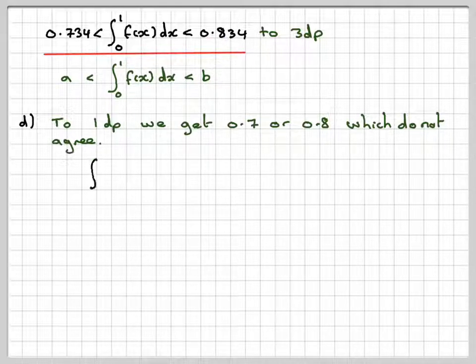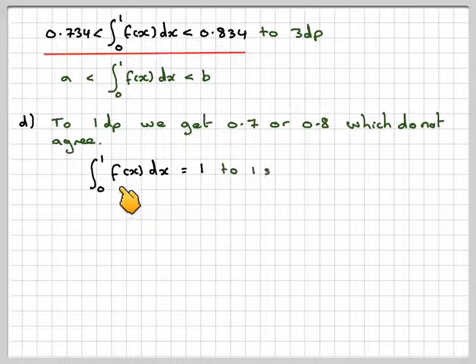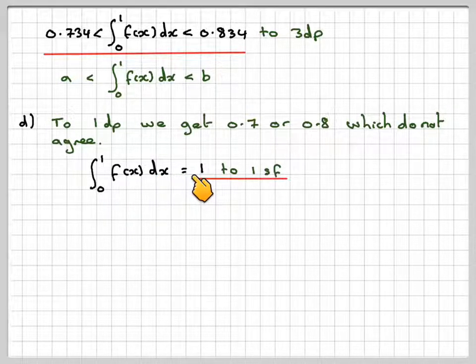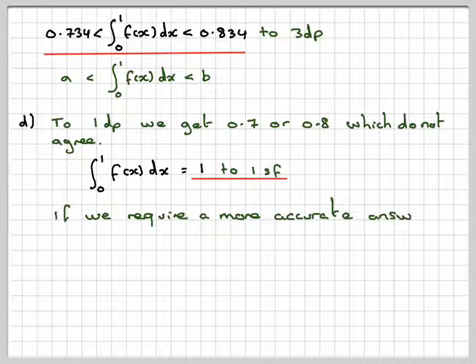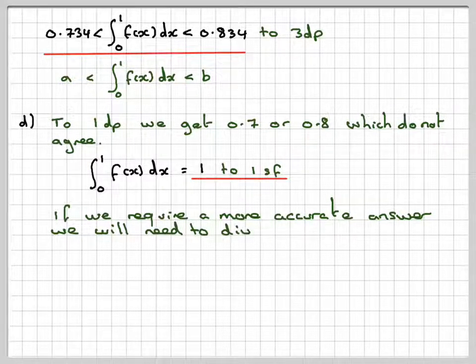So therefore we can only say that the integral of f of x dx would be equal to 1 significant figure. Now to improve our degree of accuracy for this, you would have to increase the number of divisions.